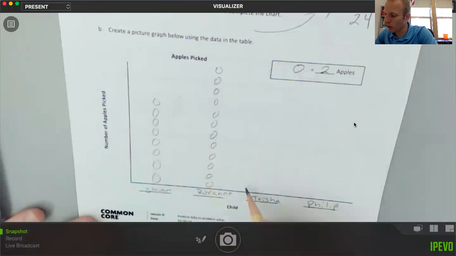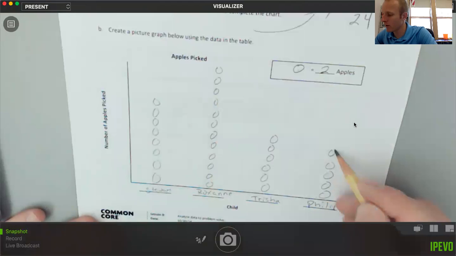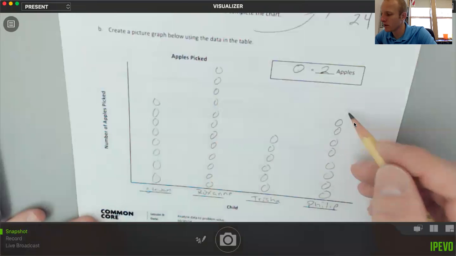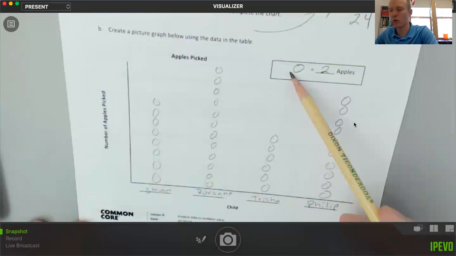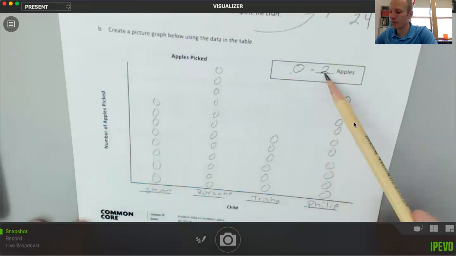Trisha had 12, which means we need 6 circles. 1, 2, 3, 4, 5, 6. And Philip had 20, which means he needs 10 circles. 1, 2, 3, 4, 5, 6, 7, 8, 9, 10. And there we have created a picture graph. So each circle equals 2 apples.